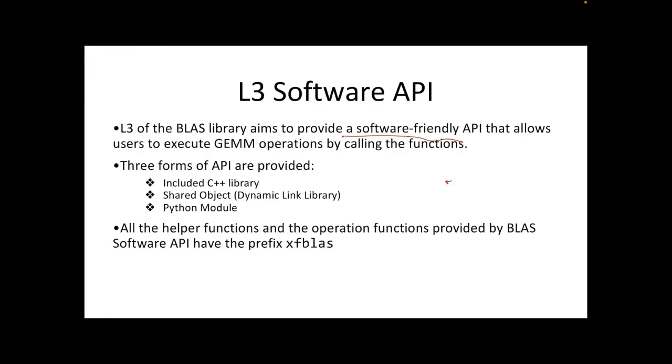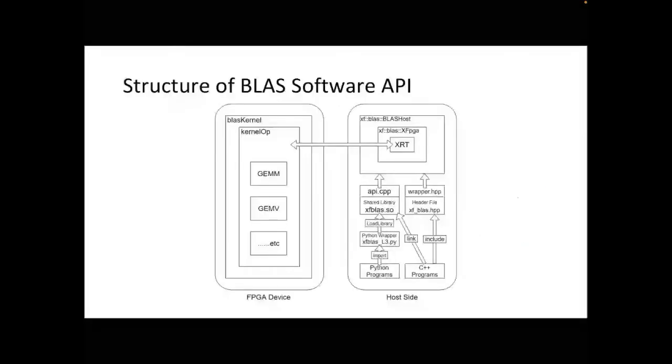We can either include a C++ header file, or we load a dynamic link library. Also, we can import a Python module to use the BLAST API in Python. All the helper functions have the prefix.